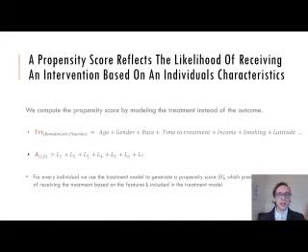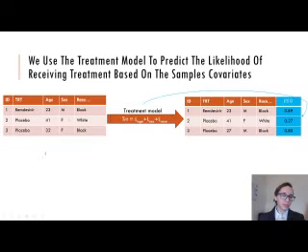Now let's look at that a little bit more clearly. So this is a contrived example. We have 3 rows here. Each one of these rows represents an individual in our cohort that we're studying. TRT stands for treatment or intervention. Individual 1 received remdesivir and the other 2 received placebo.